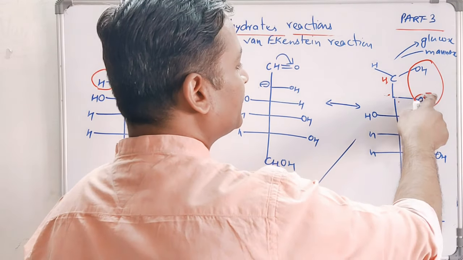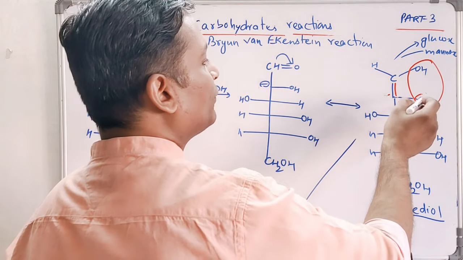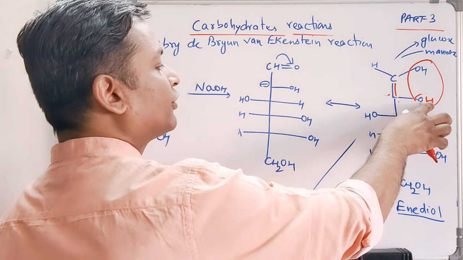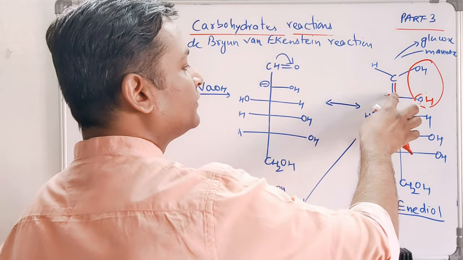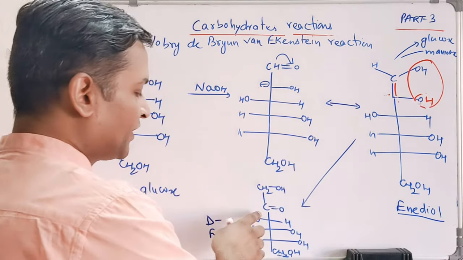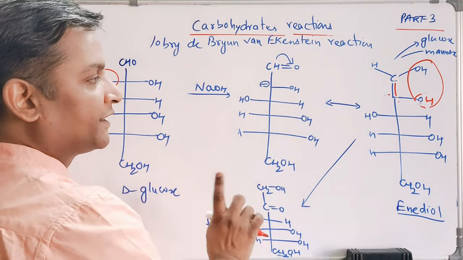In the ene-diol, if we abstract the proton of this OH, then an O negative will be formed, and this O negative will delocalize its electrons to give you C=O and CH2OH. So we get fructose through this intermediate.